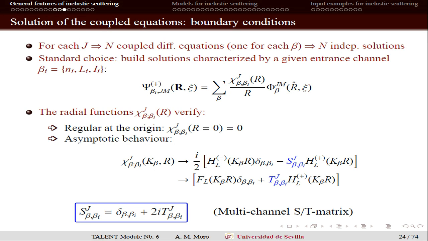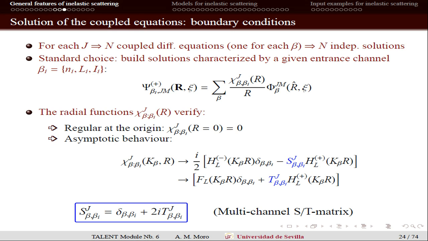The standard choice, the common choice, there are other ways, is to build our solutions characterized by a given entrance channel beta. So we choose one of the betas that I identify as beta I, and I call this my entrance, my initial channel.